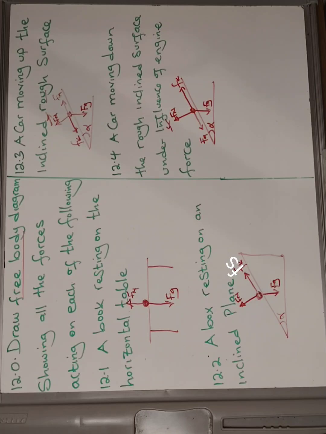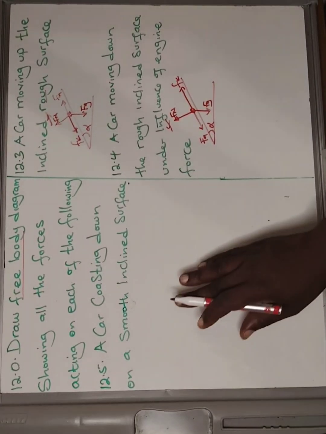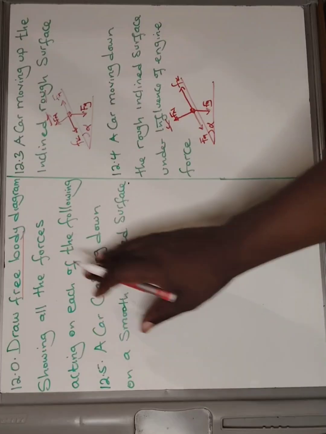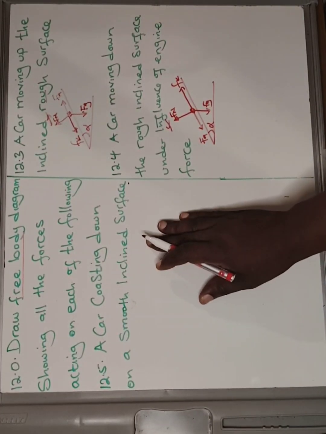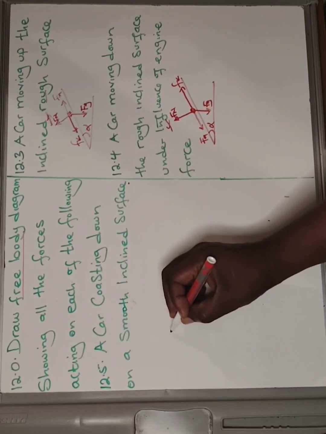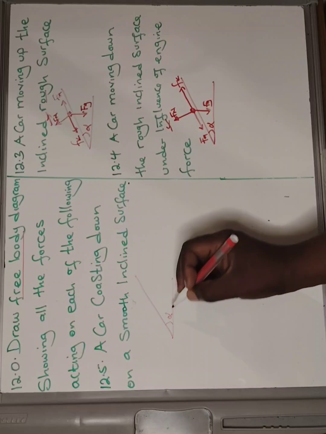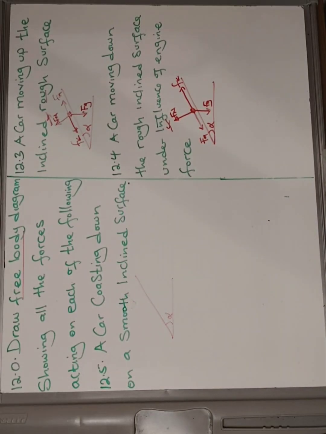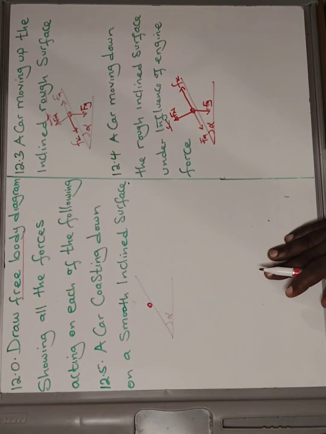So let us look at more cases here. Then comes the next question. It says free body diagram of a car coasting down on a smooth inclined surface. So you have the surface, and what do we have? We have our car. So what forces do we know which are acting on the car?